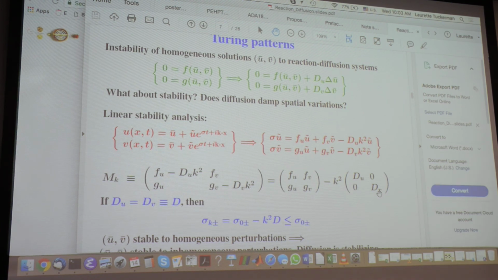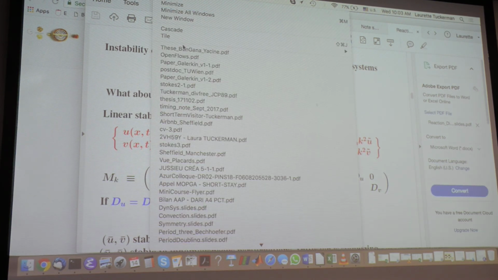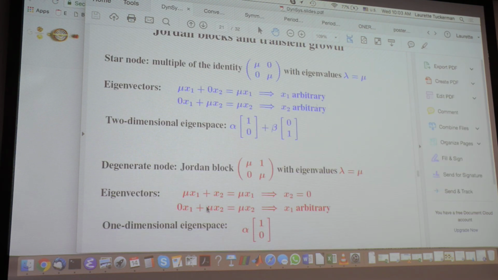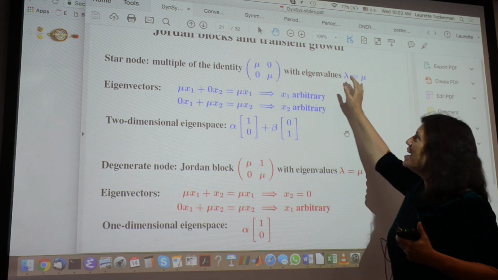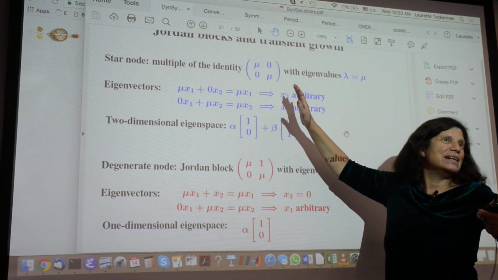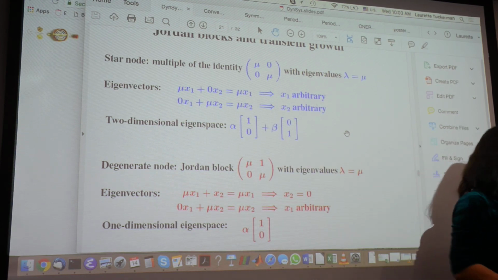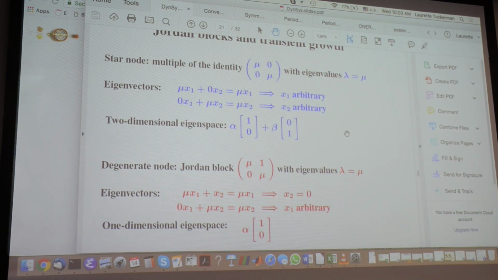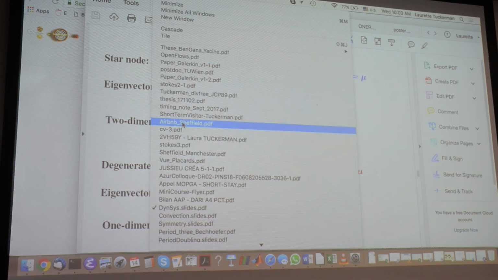Remember, that was what was in that set here. If you take the identity or a multiple of the identity, then everything is an eigenvector of it. It has a two-dimensional eigenspace. And that is because it goes together with the fact that it commutes with every operator.